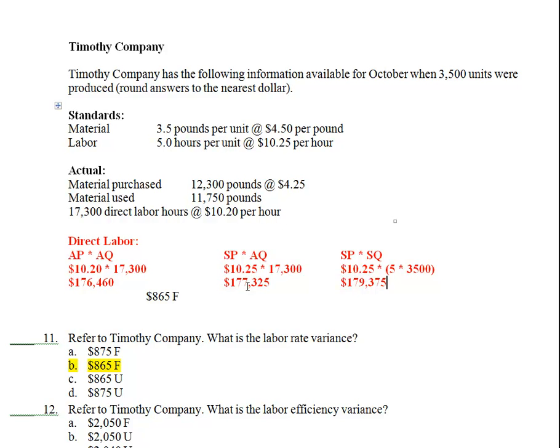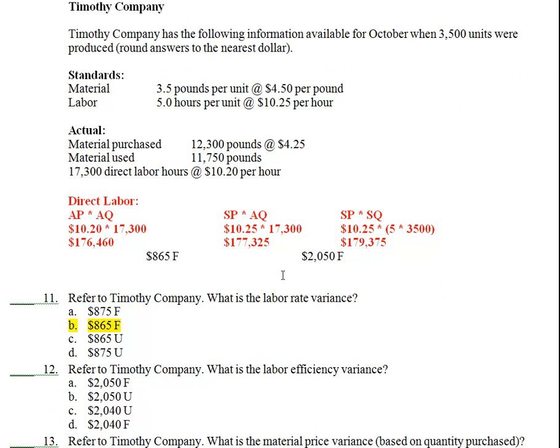So that's giving you a difference of $2,050. So you've got $2,050 as your labor efficiency variance. Do you want to see if it's favorable or unfavorable? Well, if you simply take 5 times 3,500 in this parentheses, it's 17,500. That's how many hours we thought we should have worked. We actually only worked 17.3, so that's going to be a favorable variance. So your answer on 12 is A.